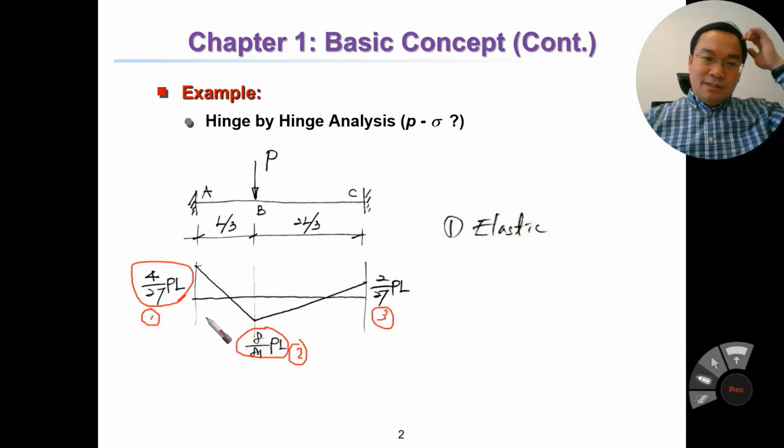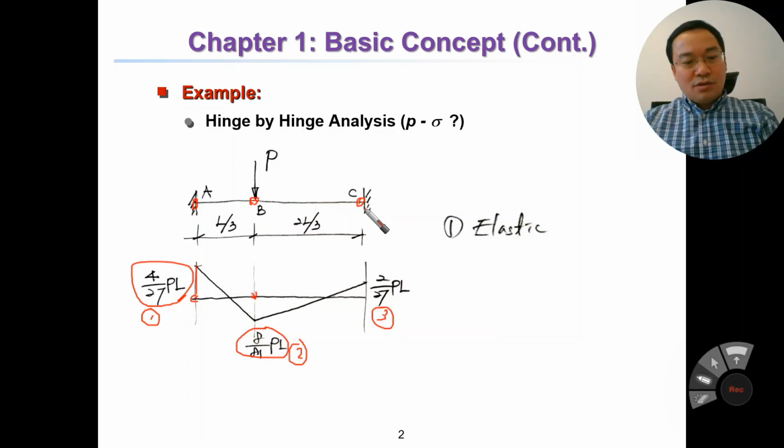It means the plastic hinge occurs here first, and then if the load is increased, the second hinge will occur here, and the last hinge will occur here. So 1, 2, and 3: the first, second and third hinge. That is the procedure.